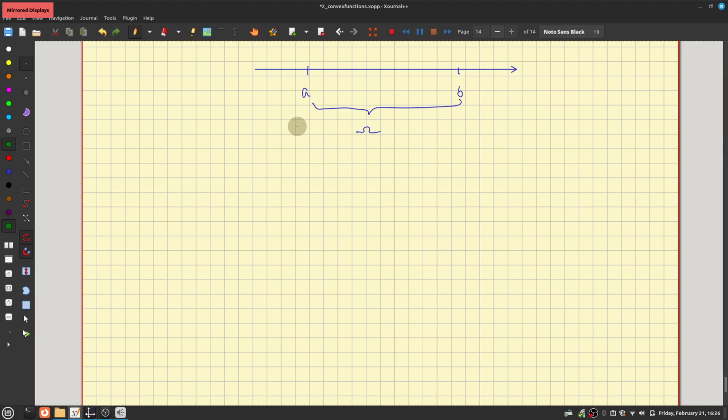Okay, so now how do we determine whether a given point, interior or not, is a local minimum or not? First we look at a set of necessary conditions for a point to be a local minimum. The first that we'll see are the so-called first order necessary conditions.